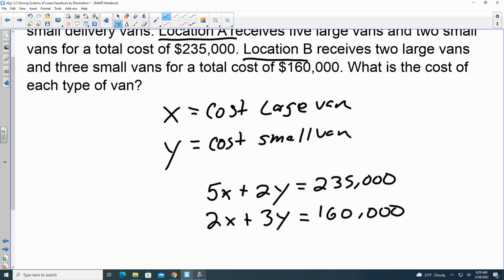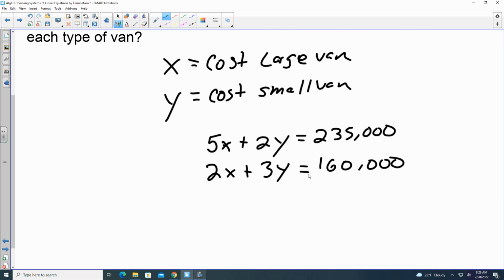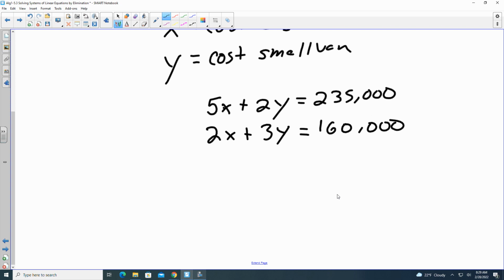All right, so now looking at this system, I have 5 and 2 with x, and I have 2 and 3 with y. There is nothing I can easily multiply by 2 to get me 5, and there's nothing I can easily multiply 2 by to get 3. So this would be a particular situation where we are going to have to multiply both equations.